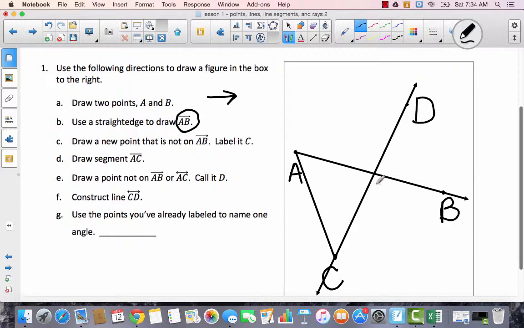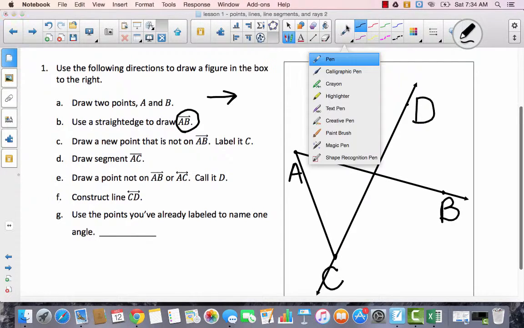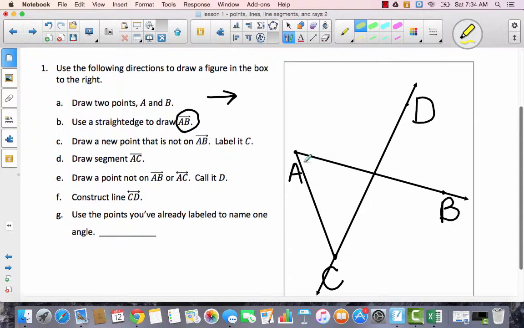I see a couple of angles, but the points aren't labeled. Okay, so let's do this one. I'm going to highlight it. See right here where this line segment and this line segment share this endpoint, okay? And I'm going to actually take this all the way up here since that has an endpoint.